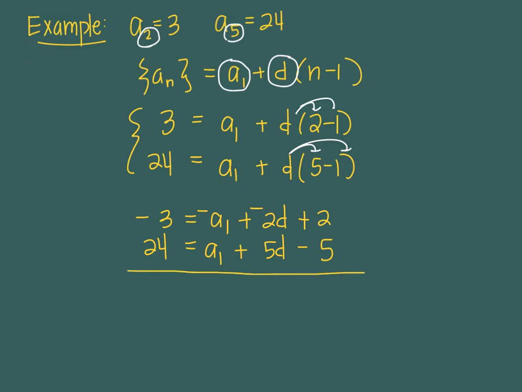And I can eliminate. And what eliminates is the a1. That leaves me with 21 equals 3d minus 3. I can add 3 to both sides, so I get 24 equals 3d. And now I've just figured out that the difference has got to be 8. So the difference between the terms should be 8 every single time.